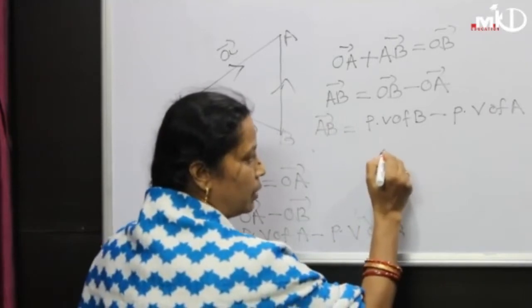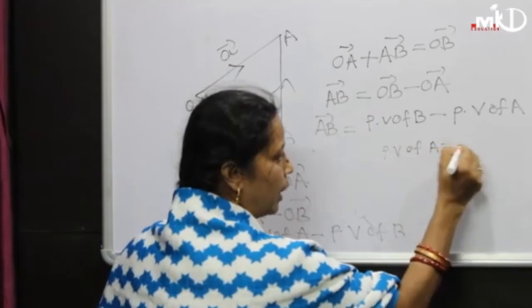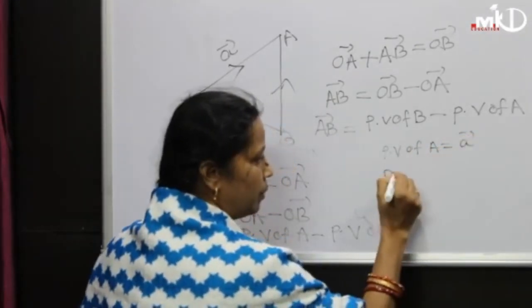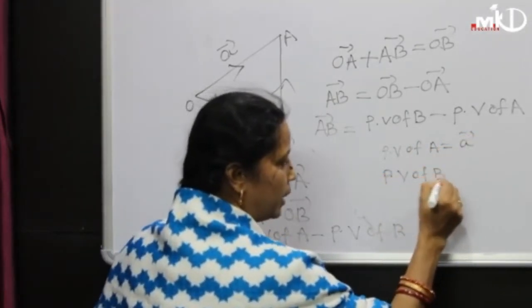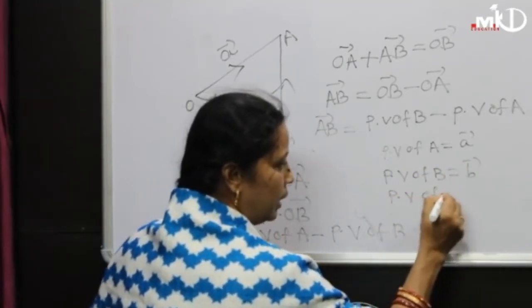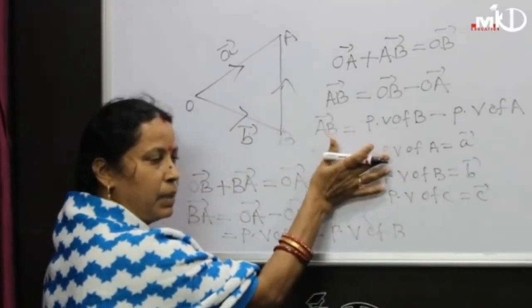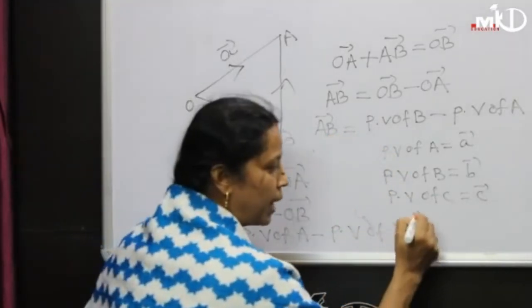Suppose the position vector of A is A bar, the position vector of B is B bar, and the position vector of C is C bar. With the help of the position vectors, you can find any vector.